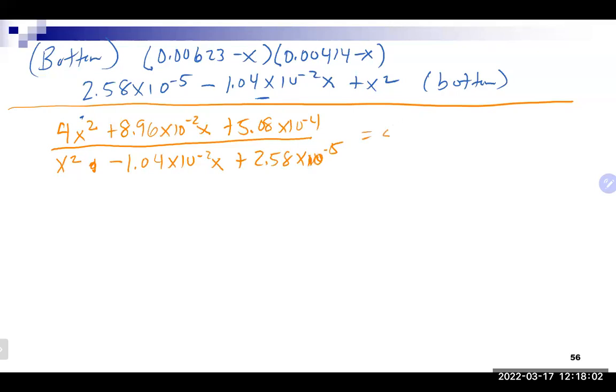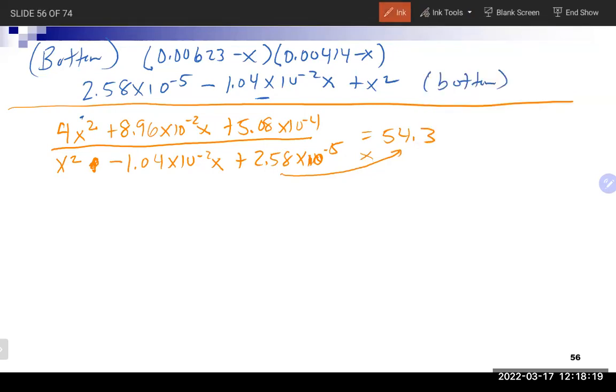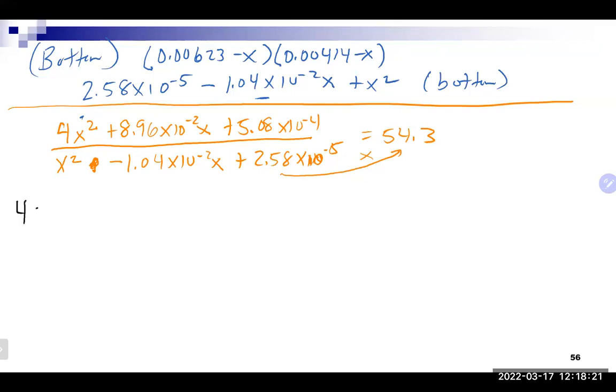And that is going to equal 54.3. At this point, we need to take everything that's on the bottom right and multiply it to the other side there. So that means everything that's up on top will stay there on the left. So up on the left there, we've got 4x squared.